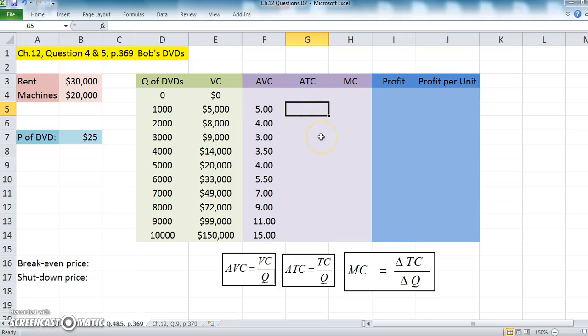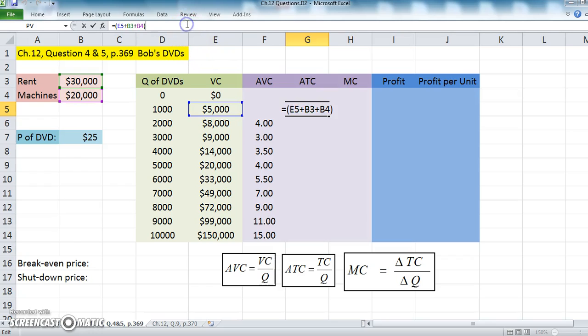And for the average total cost, it's going to be total cost, which we don't have, but we can calculate it by variable cost plus fixed costs. So the cost of capital, the cost of tools, the cost of machines is our fixed cost, and then we add that to the variable cost, and that's our total cost.